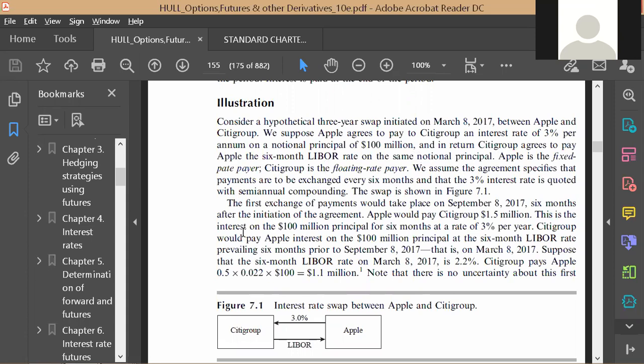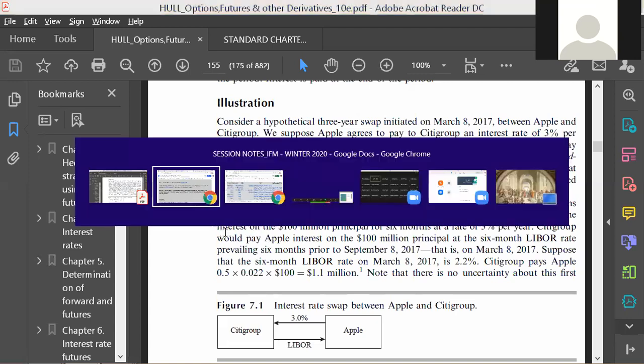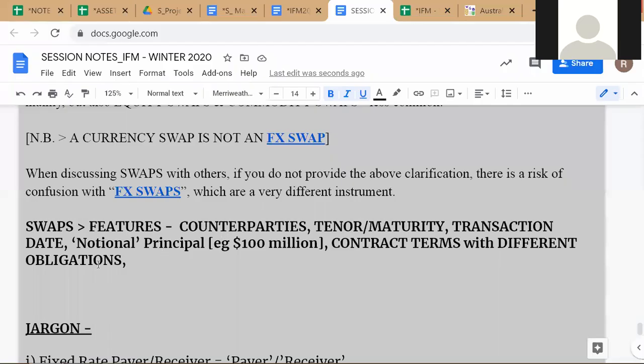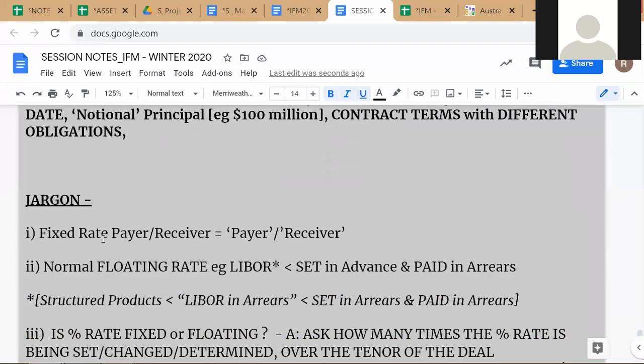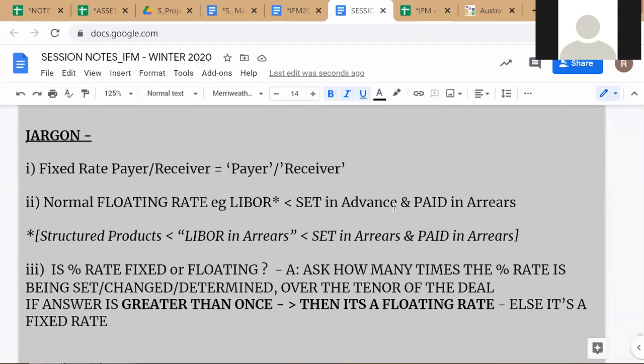And as we said, this is normal LIBOR, it's not LIBOR in arrears, which is a structured product kind of structure that you see in structured products. Normal LIBOR is set in advance and paid in arrears.